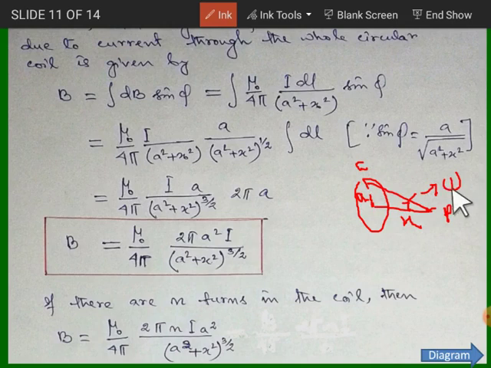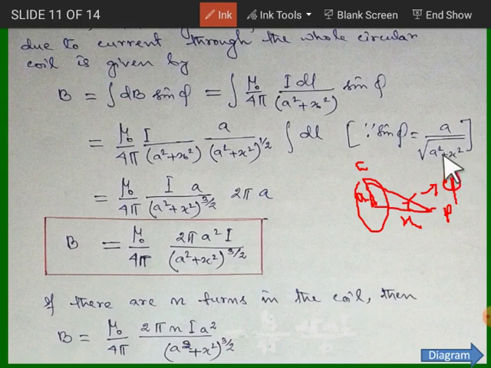Got it? Sine of phi means perpendicular by hypotenuse. Perpendicular is the side opposite to phi, which is the radius A, and the hypotenuse PC is equal to R. So R is the square root of A square plus X square.